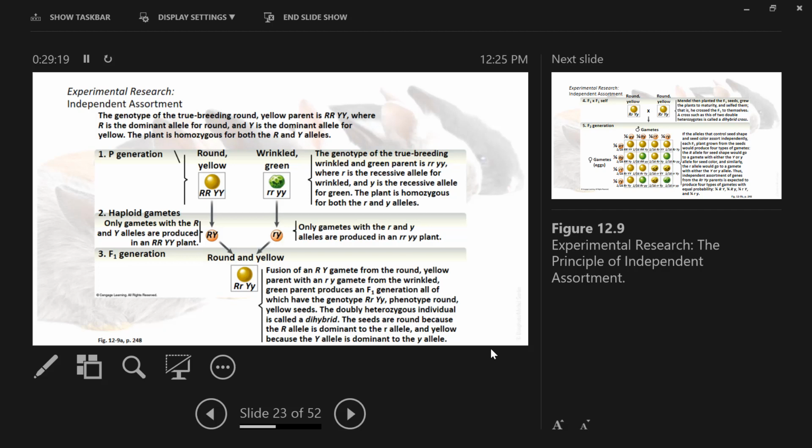If you want to know if these characters assort independently of each other, what that means is that they don't come as a unit. One of the parents doesn't label male or female, but we'll assume this is female because she comes first. This individual is homozygous dominant for both, and this individual, the male, is homozygous recessive for both. Really creepy looking seeds, right?